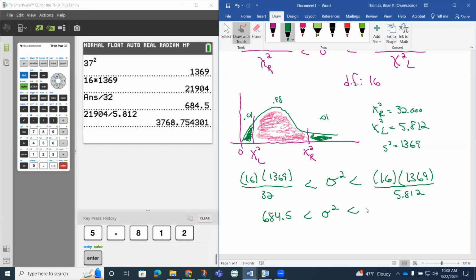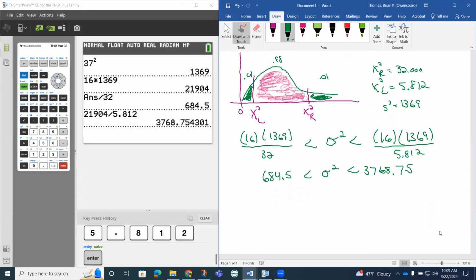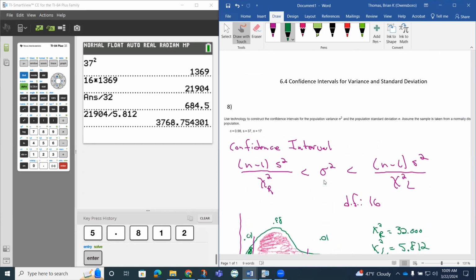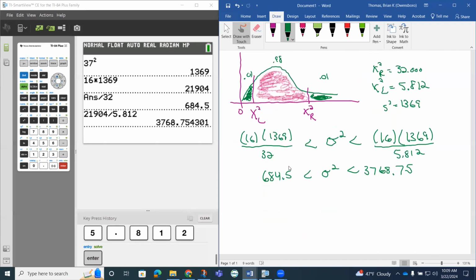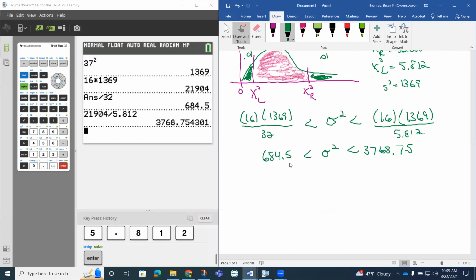And that's going to be 3,768.75. I think they go two decimal places, I can't remember that. Now, that would be the confidence interval. And again, I think we were 98% confident. So I'm 98% confident that the population variance is going to be between these two values.